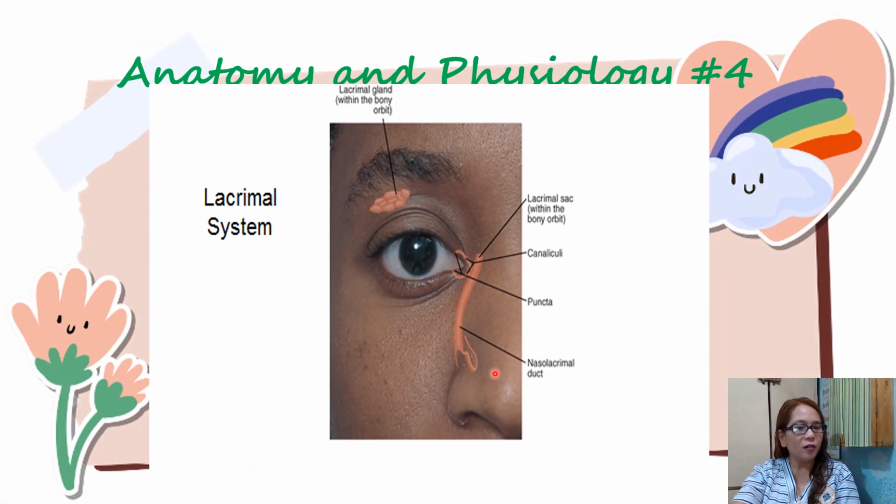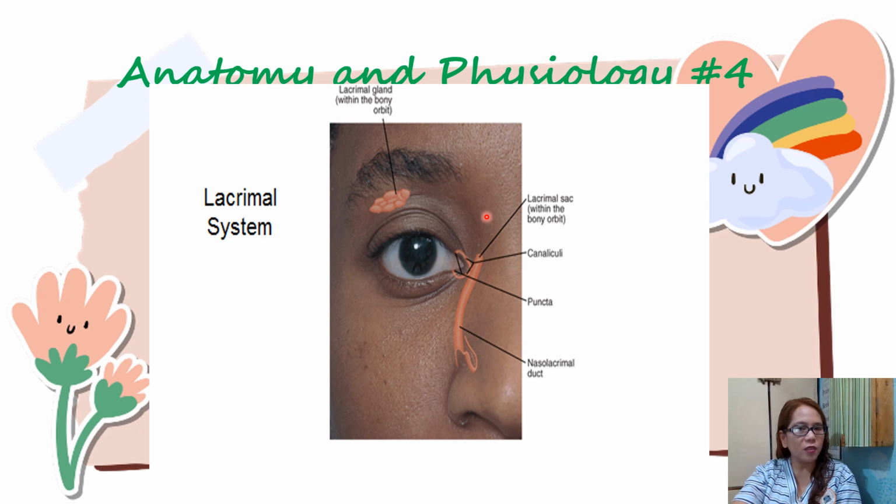Now, moving on, the lacrimal system. So, merong lacrimal system ang ating eyes. Okay. There is a film of clear fluid that protects the conjunctiva and the cornea from drying. Kasi di ba nag-open close yan. So, kung walang lubricants dyan, imaginein mo na lang, di ba?